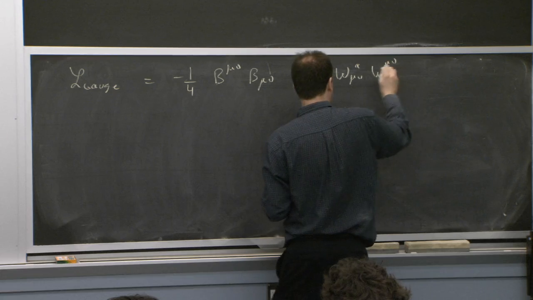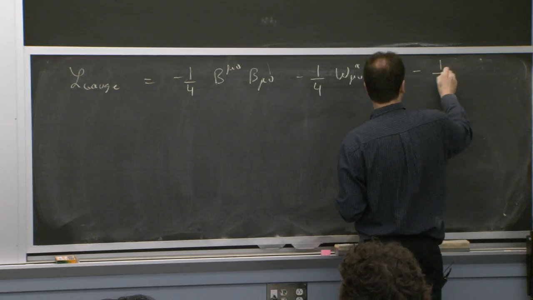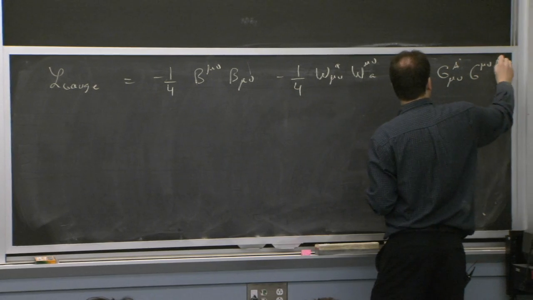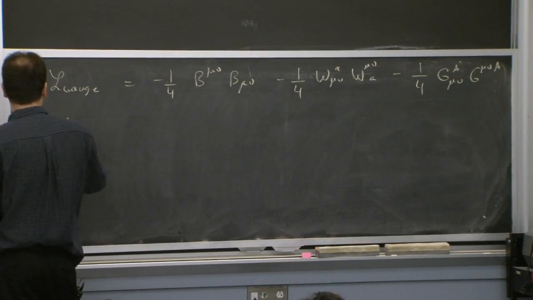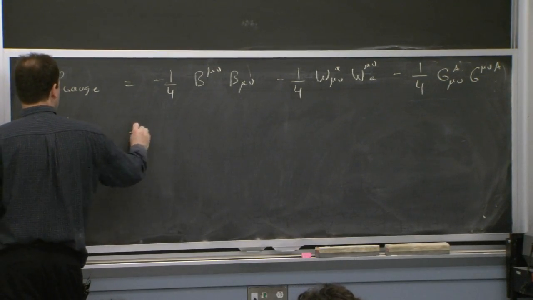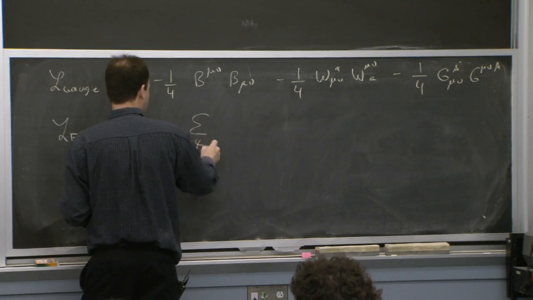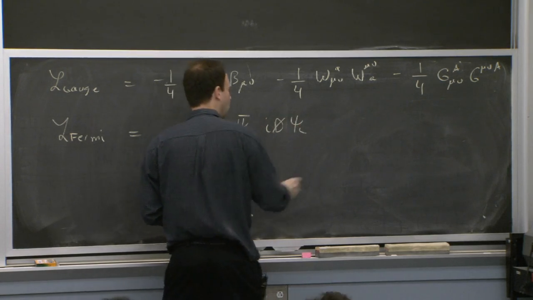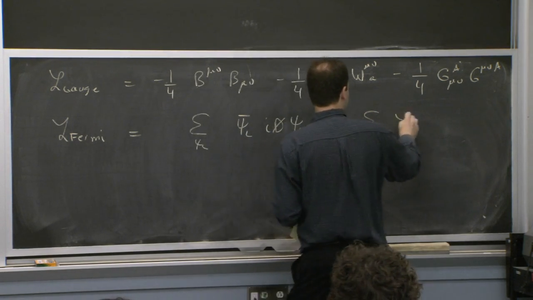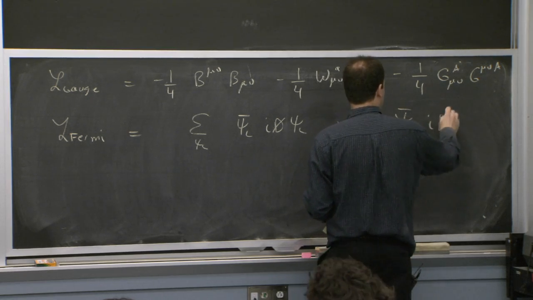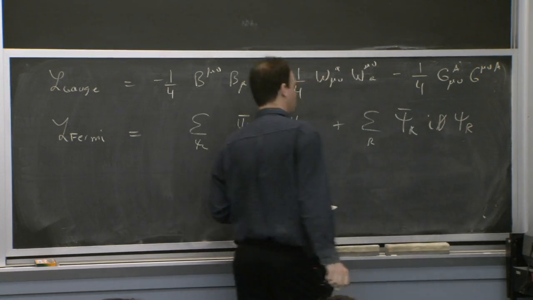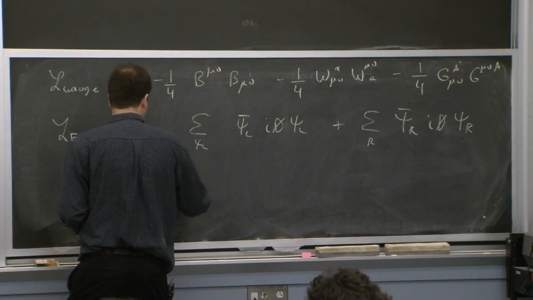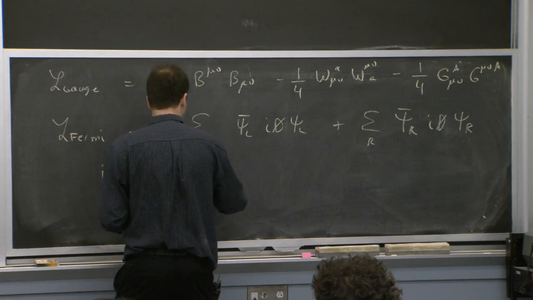So we have field strengths for the kinetic terms for our gauge bosons. And the fermionic Lagrangian I can write as a sum over the left-handed fields, fermion, covariant derivative, fermion, and a sum over right-handed fields, fermion, covariant derivative, fermion, where this covariant derivative is a covariant derivative with these gauge fields.